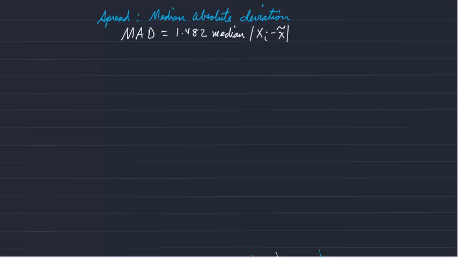So if we look back to our example, the median absolute deviation of our sandstone sample is 0.07. And this too has a breakdown value of 50%.